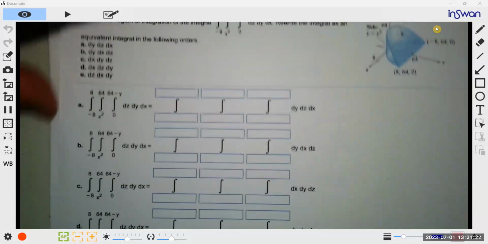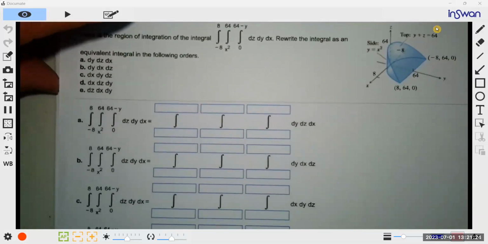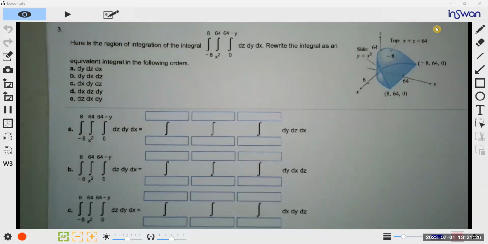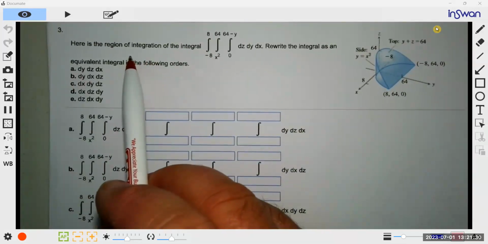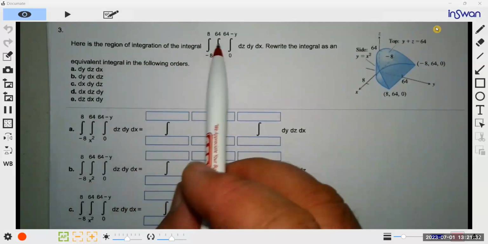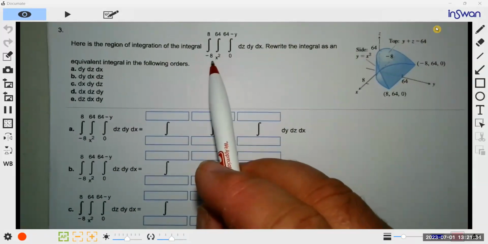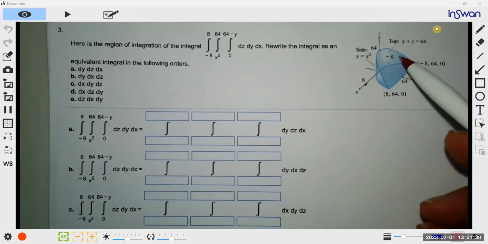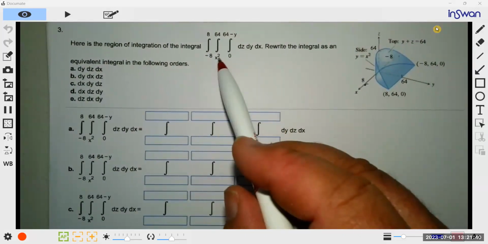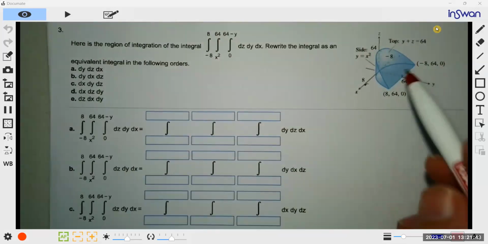Where's number 3? Here's the region of integration for the integral. -8. That's dx, so that's beginning and the end. dy is y squared to 64.